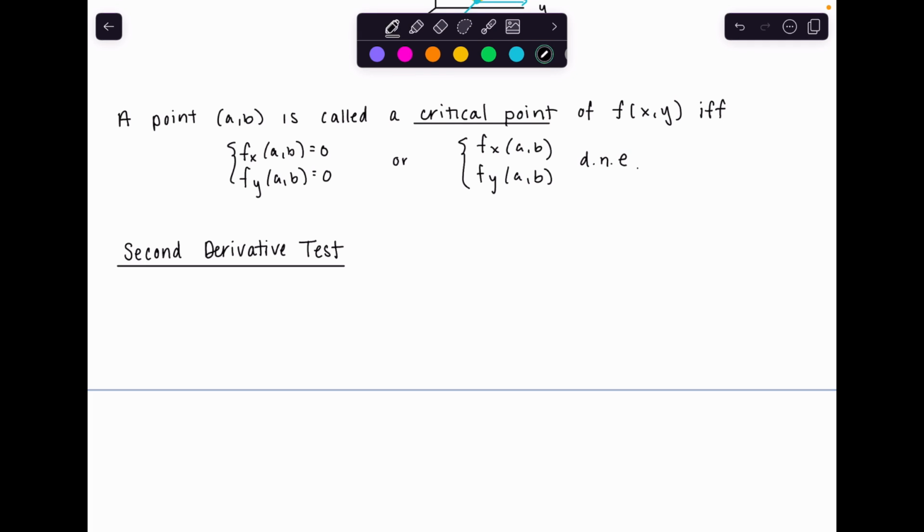What this states is, suppose the partial derivatives of f are continuous on a disk with center (a, b).